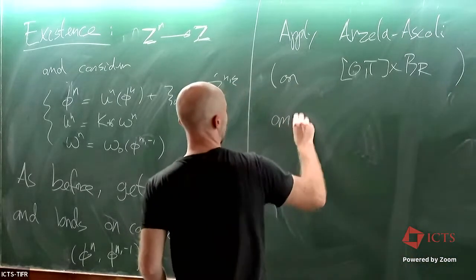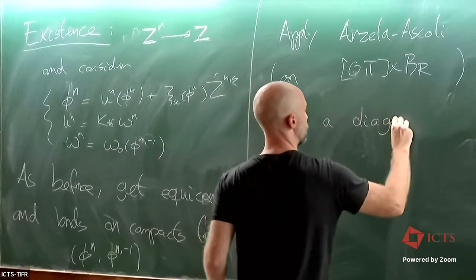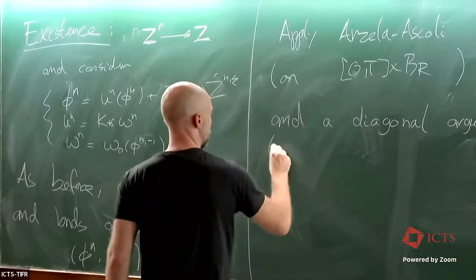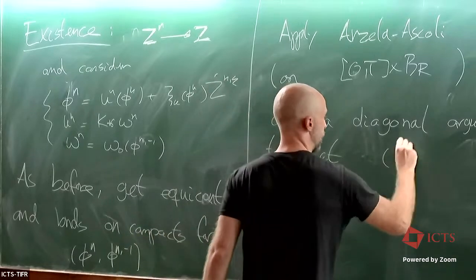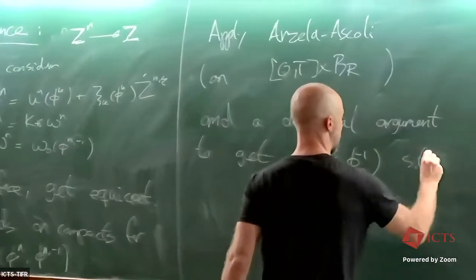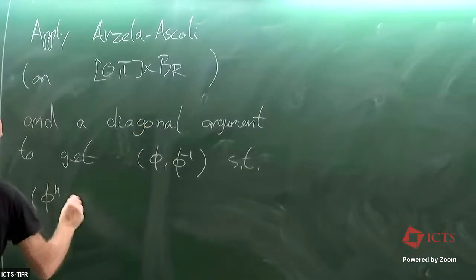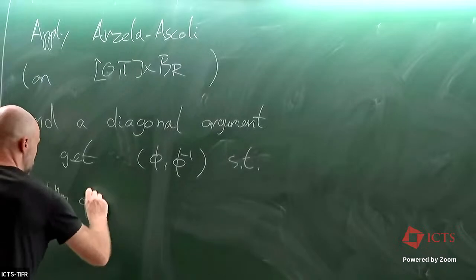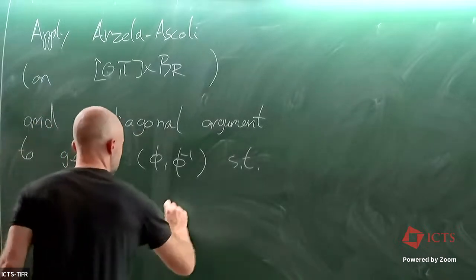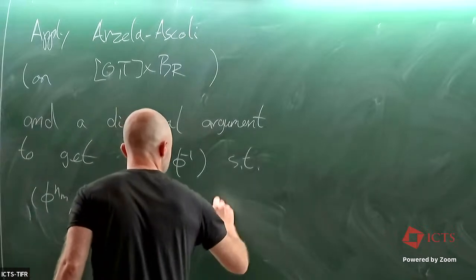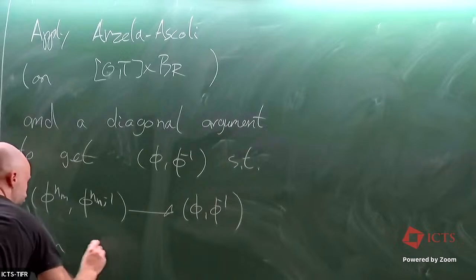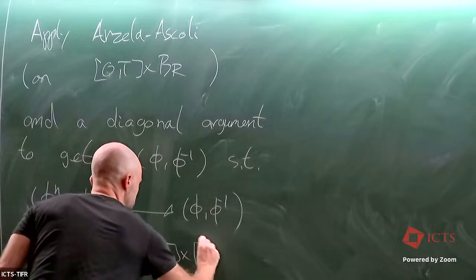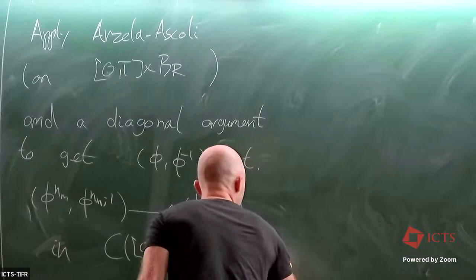And then you use a diagonal argument to get some phi inverse such that, let's call this new subsequence, some subsequence, this one converges to phi inverse for all R.